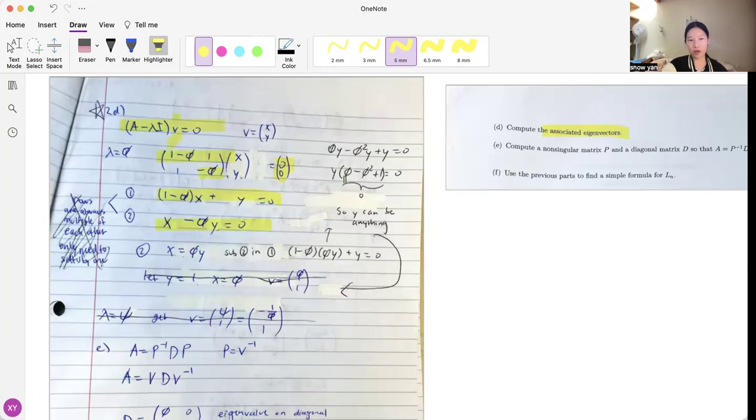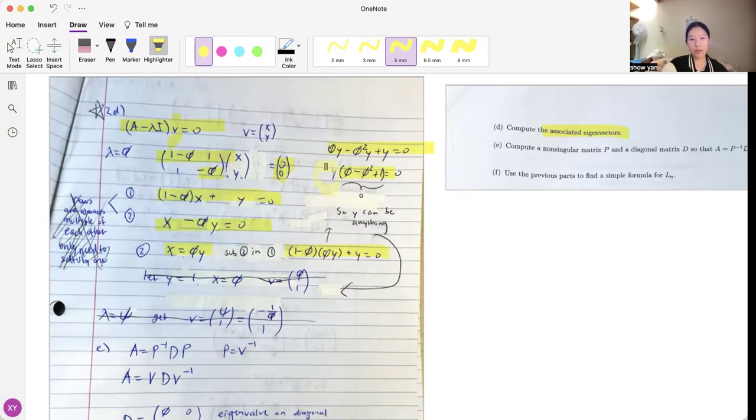So for property 1, we substitute property 2 into this. From property 2, we can say that x is equal to the golden ratio times y. We sub 2 into 1 and we get this equation. Then we arrange it to this form, and we see that this is equal to 0.